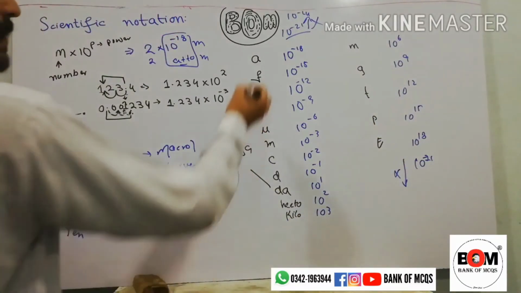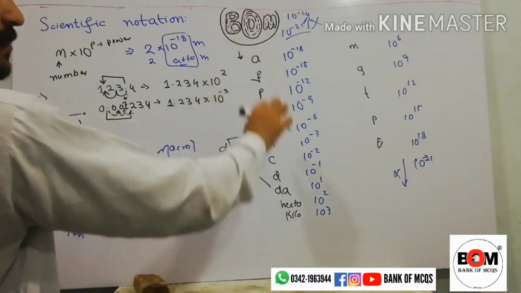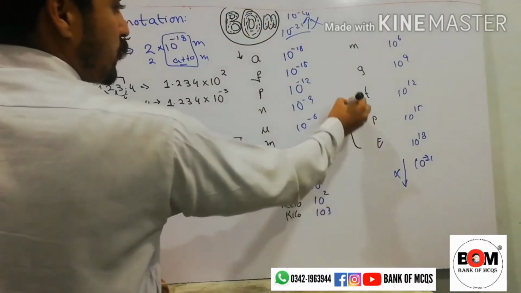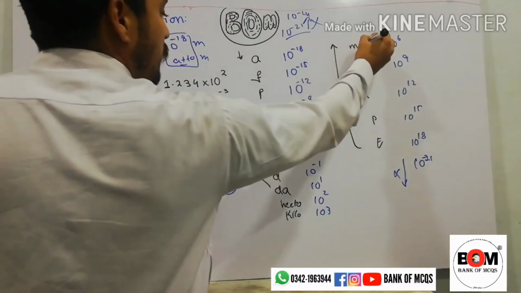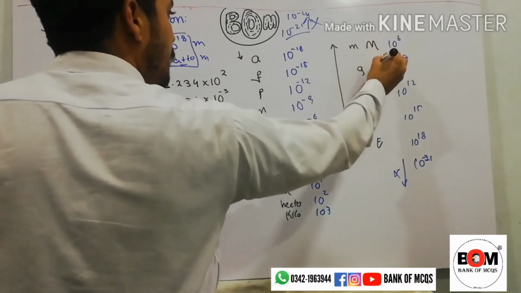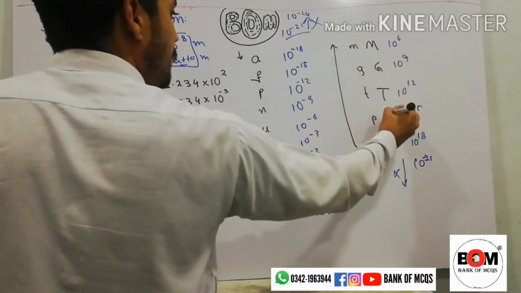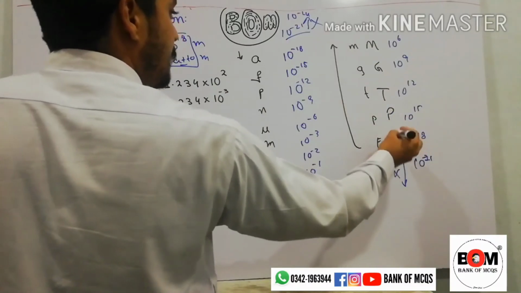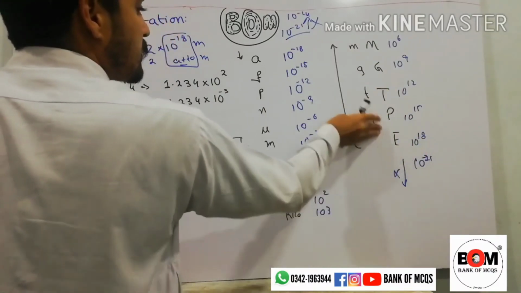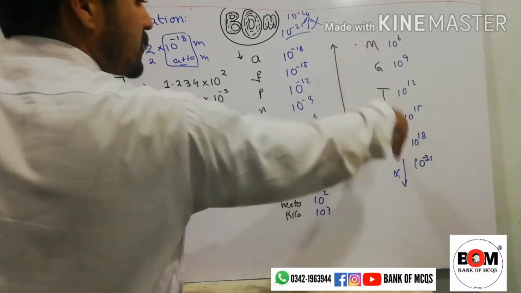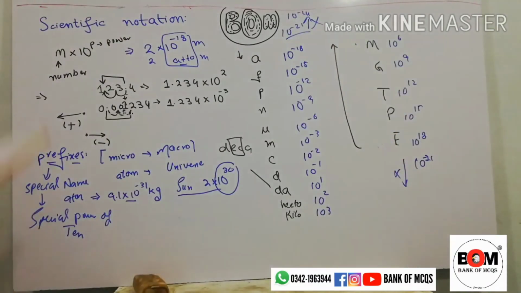Bear in mind that the first letters are all small letters except for the last 5: kilo, mega, giga, tera, peta, exa. So the last 5 are represented by capital letters while the rest are small letters. These are the special powers of 10 that are given special prefixes.